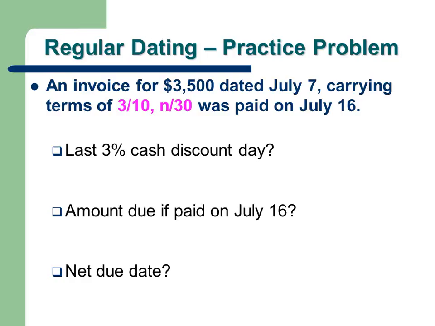If it is already after the cash discount expires, then you have to pay the full invoice. Also, we would like to know when the net due date would be, if you don't pay on July 16th or before the cash discount expires. Okay, let's pause the video and work on the problem.